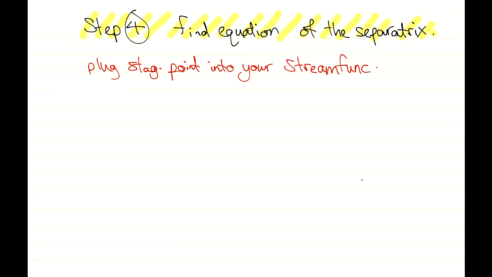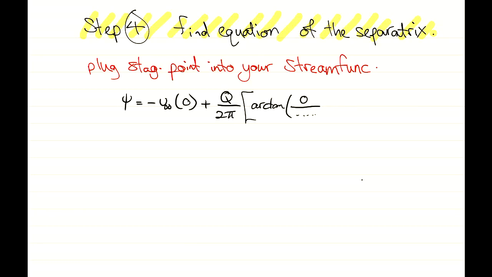So my stream function psi is going to be equal to negative u infinity, right? Y is 0, right? So that's multiplied by 0 plus q over 2 pi arctangent of 0 over some denominator minus arctangent of 0 over some denominator.